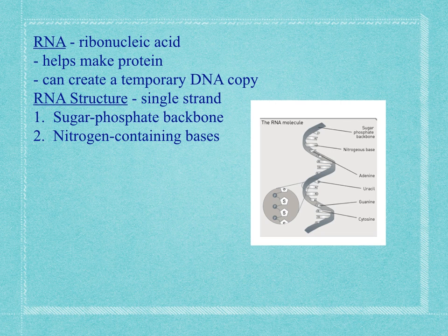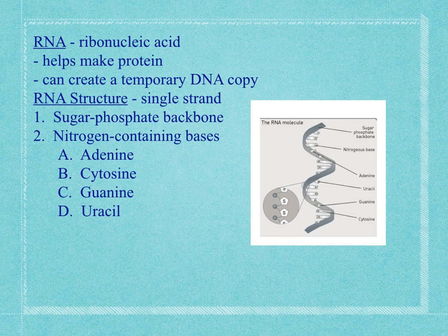So again, RNA is made up of a single strand, so it's not a double helix, it's a single helix. And it also has that sugar phosphate backbone, just like DNA does, except that it's a different sugar. And then it still has those nitrogen containing bases. And like I said, you still have adenine, cytosine, and guanine, but there is no thymine, instead you have uracil.